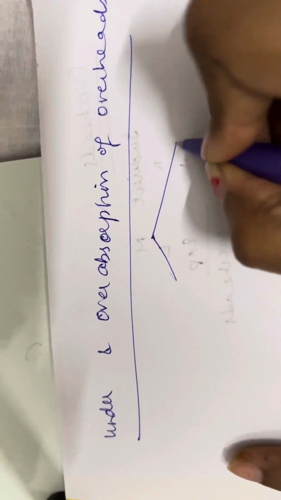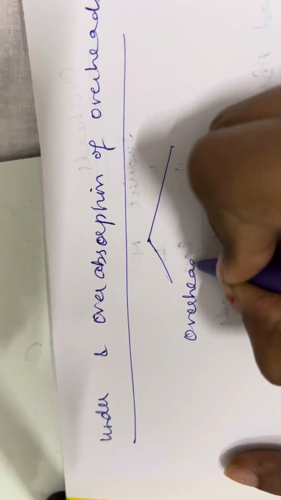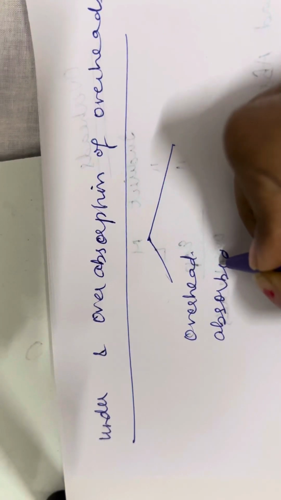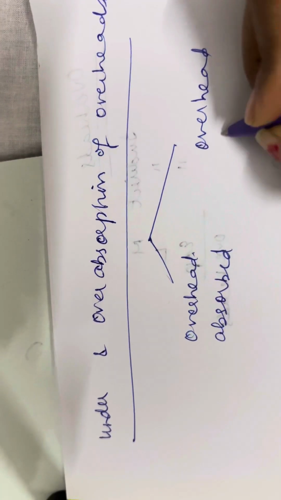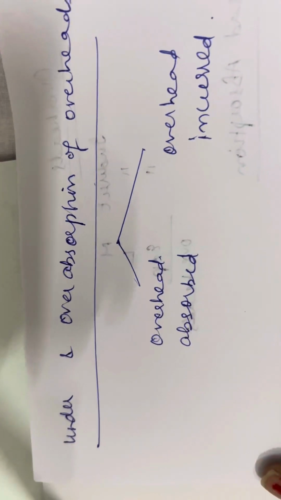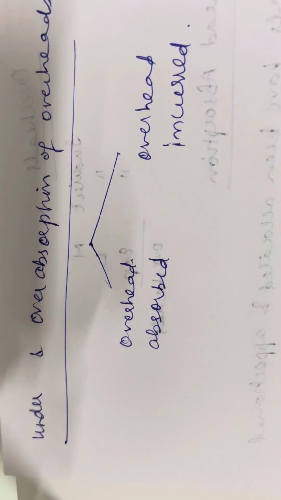There are two terms: one is overhead absorbed, another is overhead incurred. For that, let us take one example. After that, it would be very clear to you to understand the terms over and under absorption.